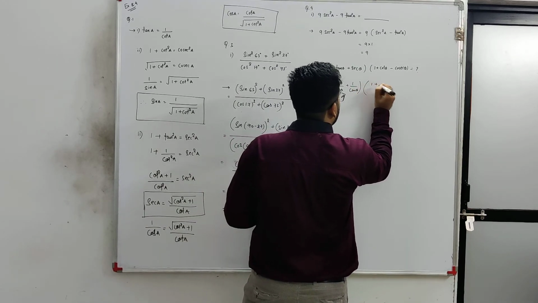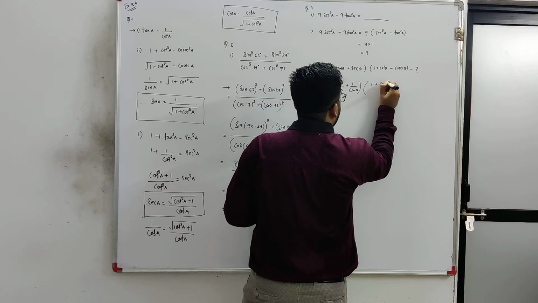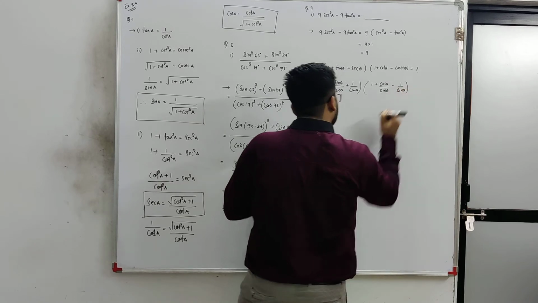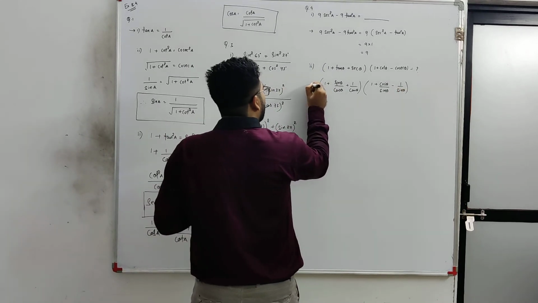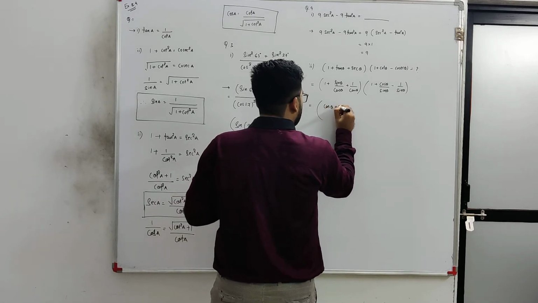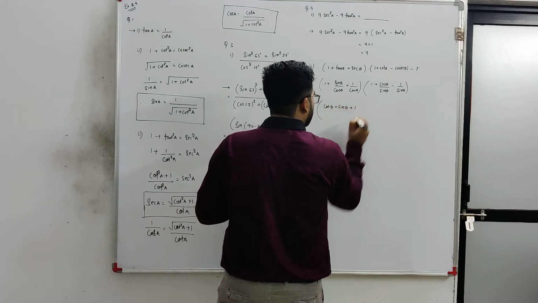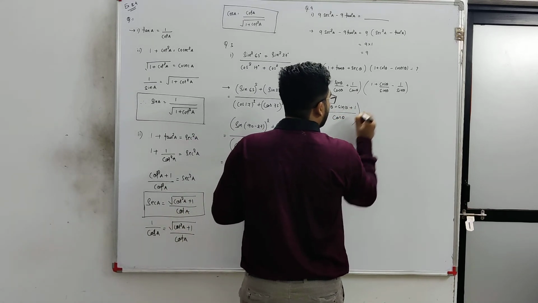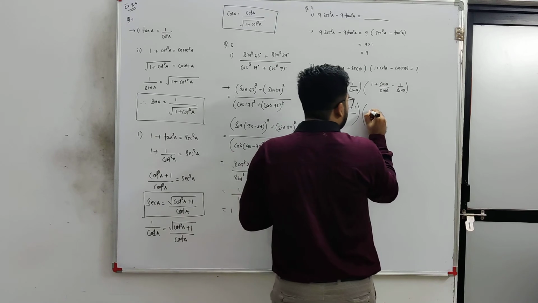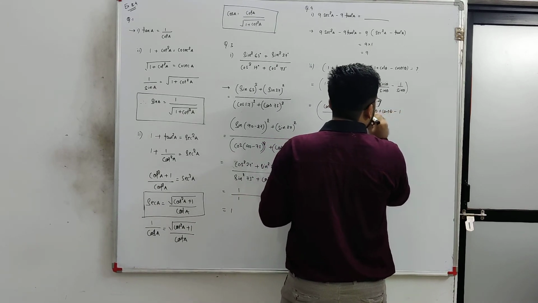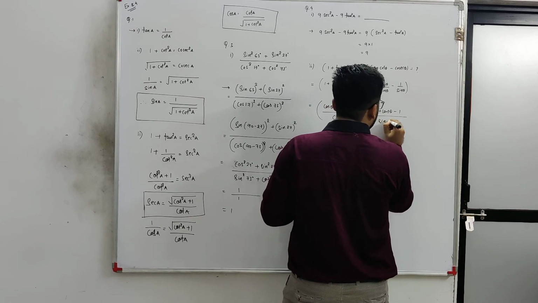Here 1 plus cos theta upon sine theta minus 1 upon sine theta. So I convert like this: cos theta plus sine theta plus 1 divided by cos theta. Here I am taking the LCM. Here sine theta plus cos theta minus 1 divided by sine theta.